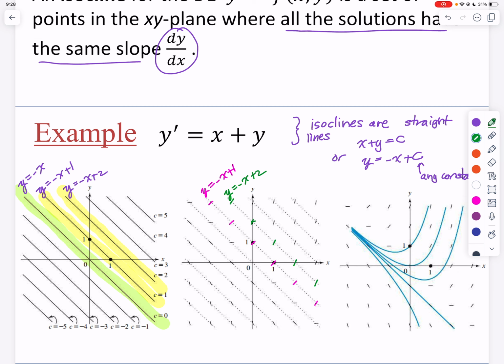Now, the isoclines don't have to be straight lines.